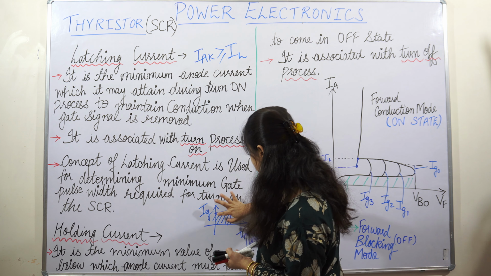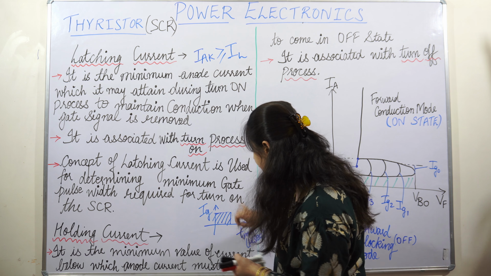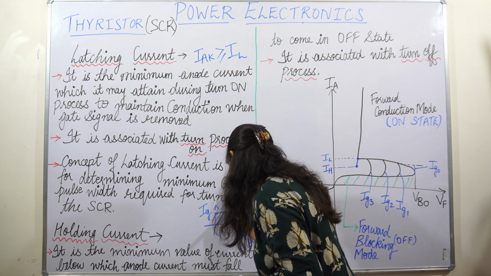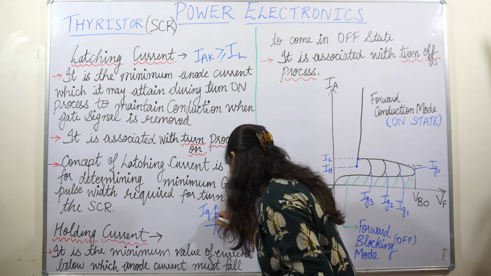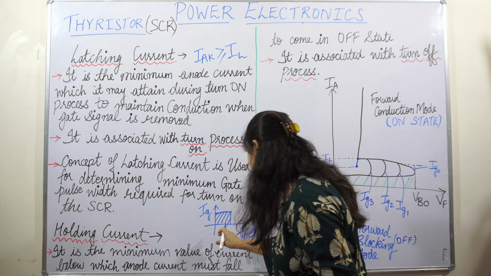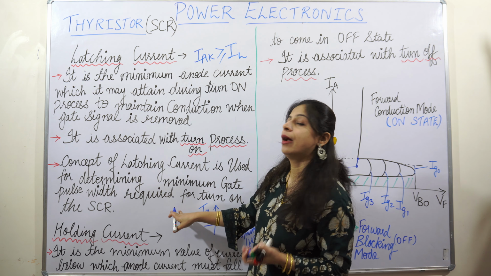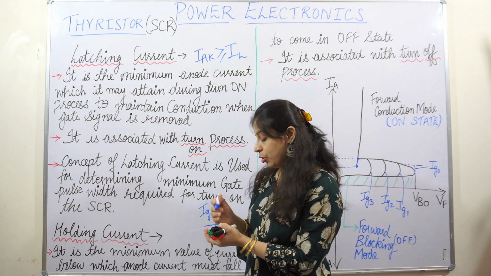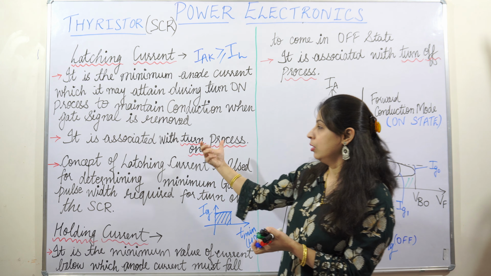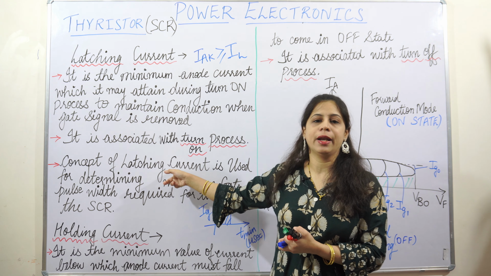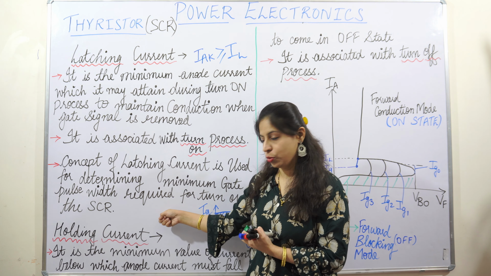Okay, so how much that pulse width should be given to the circuit so that my SCR gets turned on. Okay, so this is important factor related to the latching current, an important point to be noted.